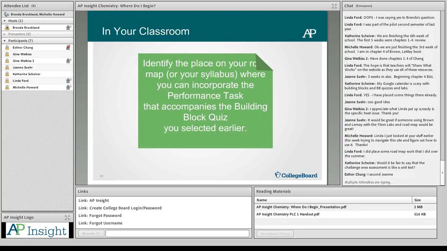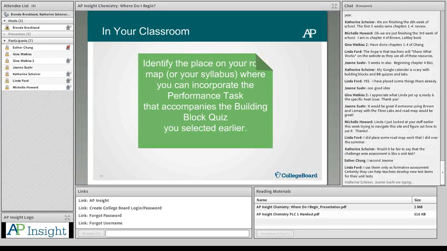Maybe as a formative assessment before I give my unit test, so that they've got some nice key areas. Those challenge area assessments are really great in the sense that they're the written ones, where the students really have to write out their responses. And that's the part that I adore, is that they are spending a lot of time doing that.